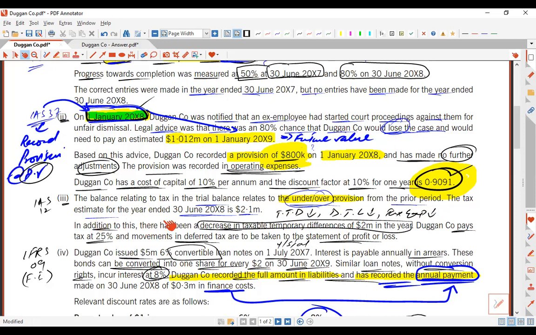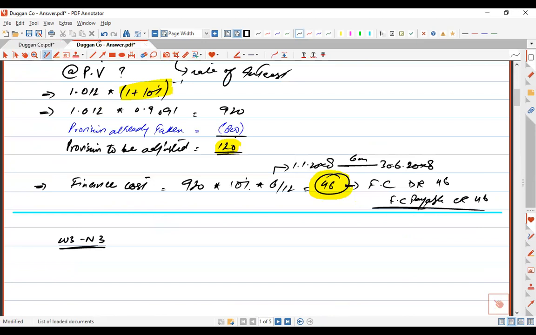The tax estimate for the year ended 30th June is 2.1. In addition to this, there has been a decrease in taxable temporary difference of 2 million in the year. The company pays tax at 25%, and the movement in deferred tax is to be taken to the statement of P&L.